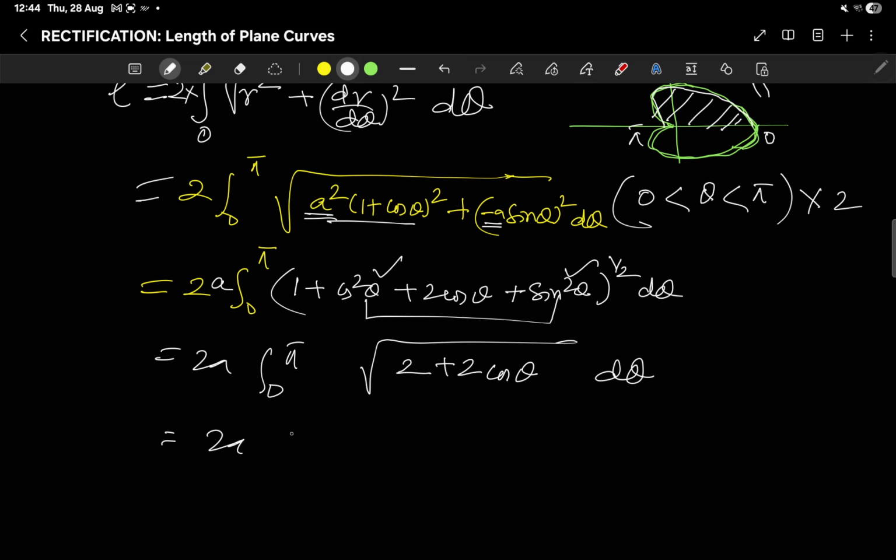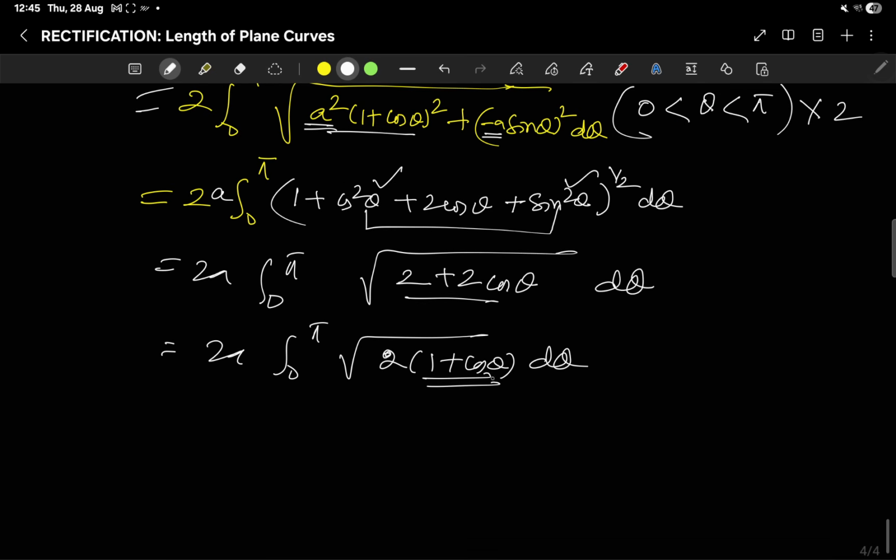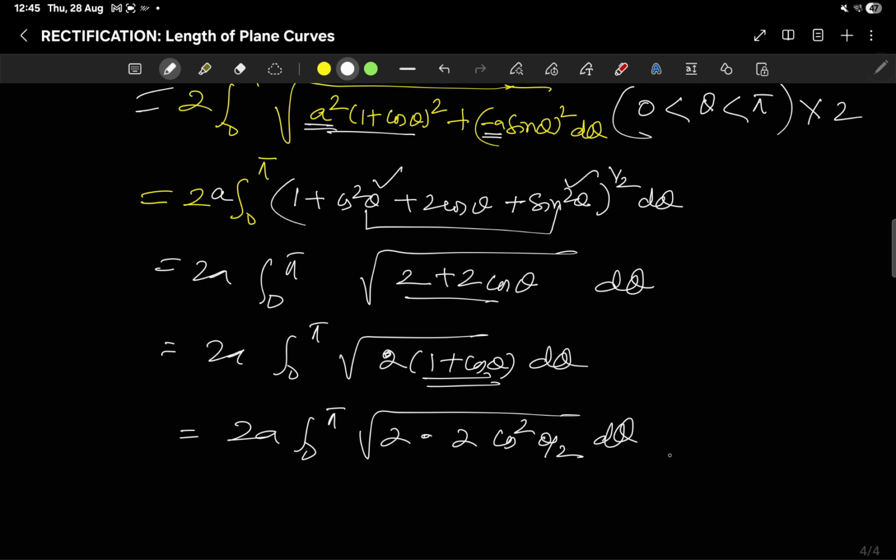Now this is 2a integral 0 to pi. Taking square root of 2 common, it is 1 plus cos theta d theta. 1 plus cos theta is 2 cos square theta by 2. So it is 2a integral 0 to pi, square root of 2 cos square theta by 2. The 2 is taken out, it becomes 4a integral 0 to pi cos theta by 2 d theta.